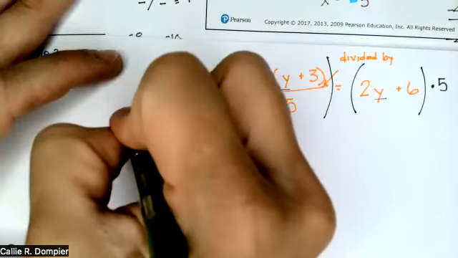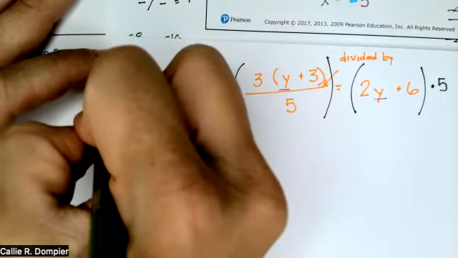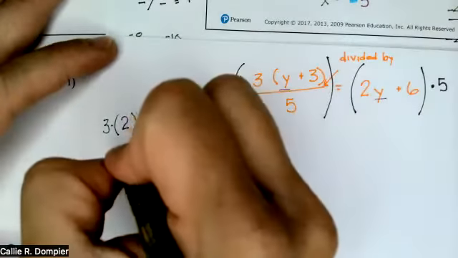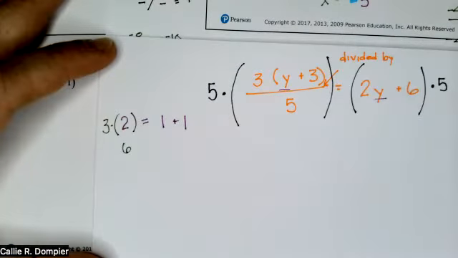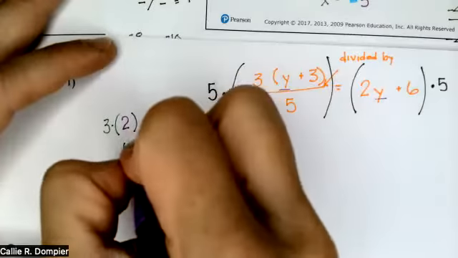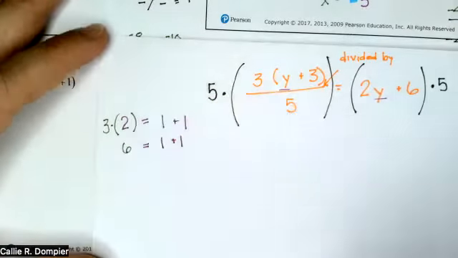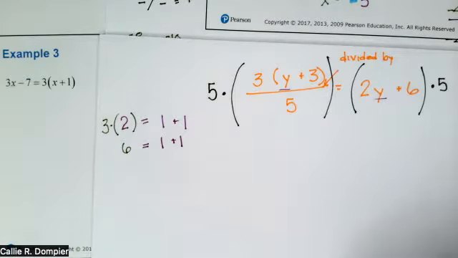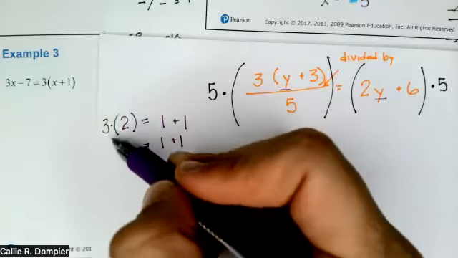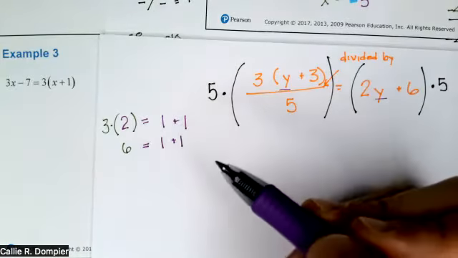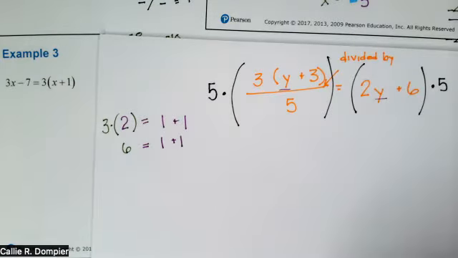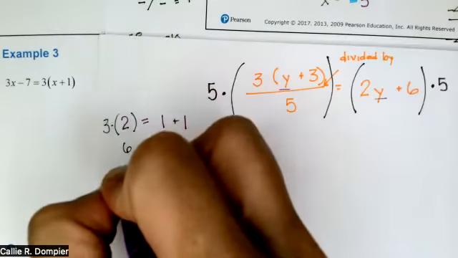But I multiply this side by 3, right? 3 times 2 is actually 6. And I don't multiply the other side. This is no longer true, right? So if I don't do whatever I did over here to this side, it won't maintain its equality. So it won't be true.